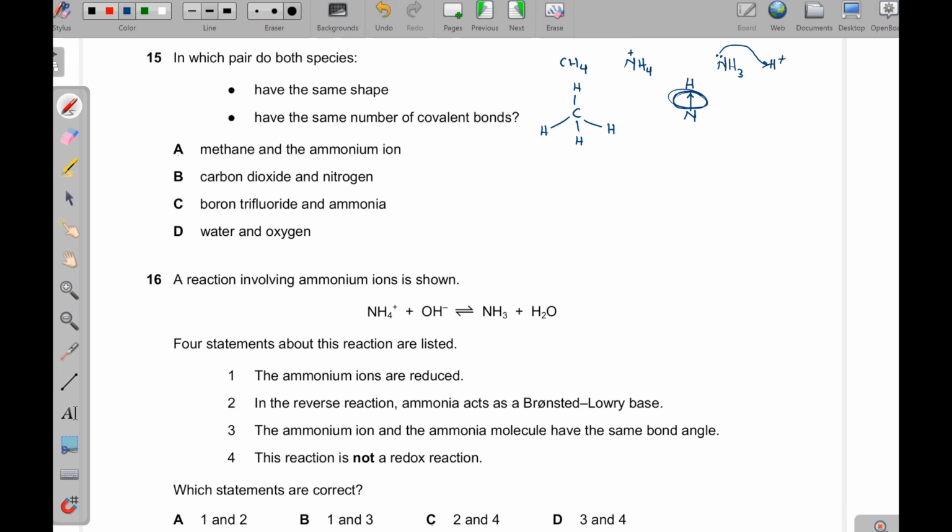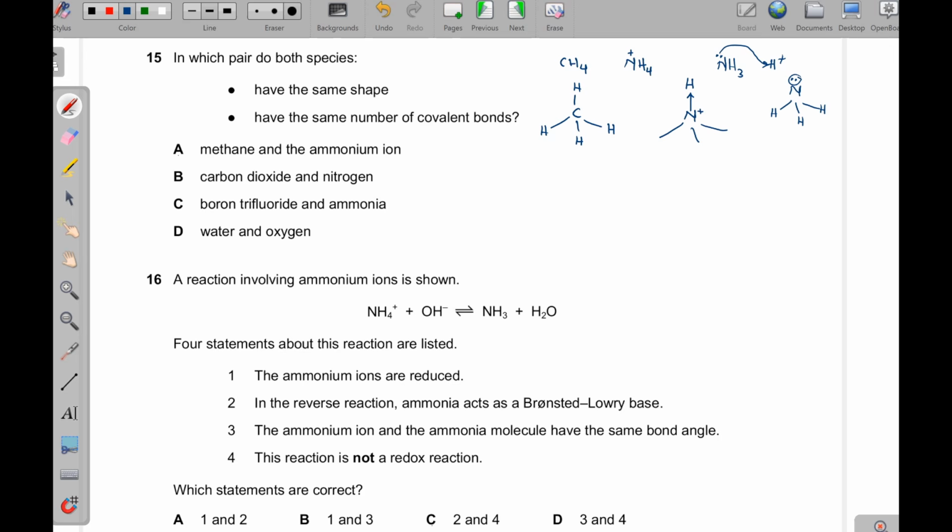Remember, for a coordinate bond, one atom donates the electrons in that covalent bond that is being formed. So this one will have the positive charge because it appears to have lost the electrons. Now, ammonia has the trigonal pyramidal shape. There is a lone pair of electrons there.